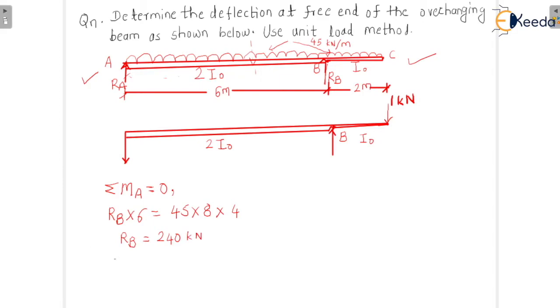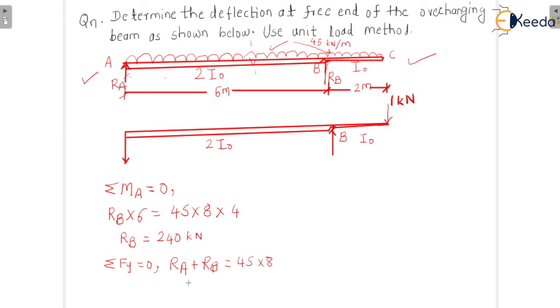Now let us do summation of forces in y direction, is equal to 0. So let us see what forces are there. Ra plus Rb, the support reactions, is equal to 45 into 8.